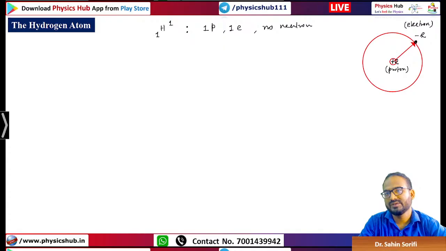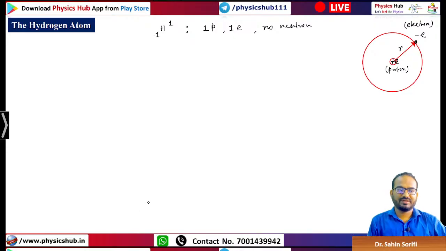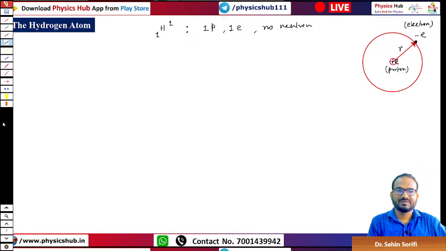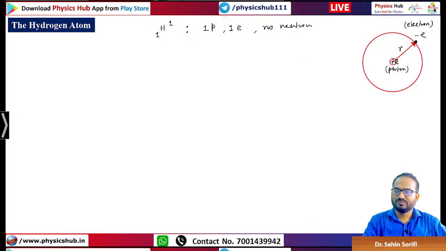Now between proton and electron, what kind of force will be acting? Obviously it will be electrostatic attraction in nature. So the potential of a hydrogen atom system is the Coulomb potential. We have to put it into the Schrodinger equation, and in the Schrodinger equation, what do you require?